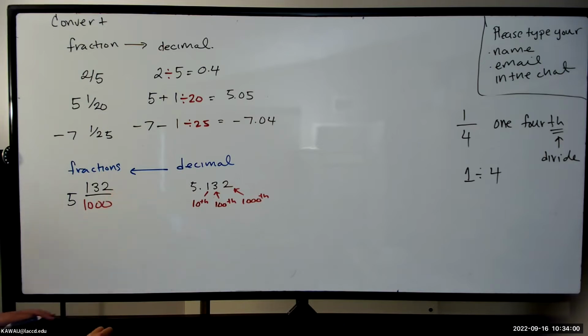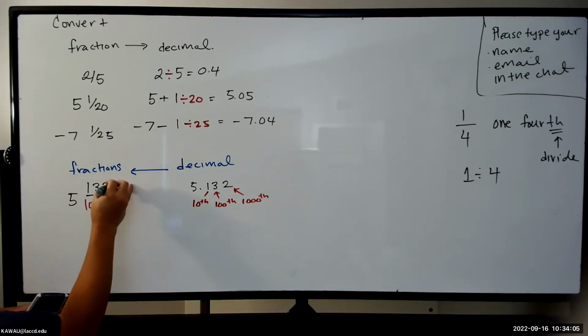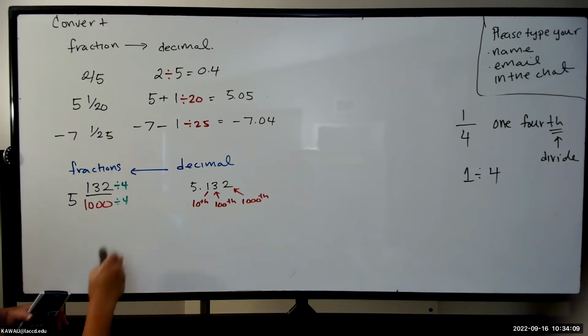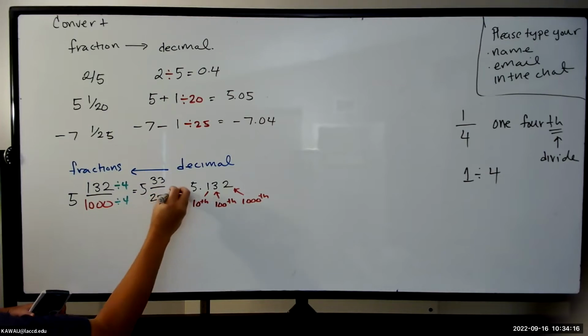So if I divide both of these by 4, you get 533 over 250.